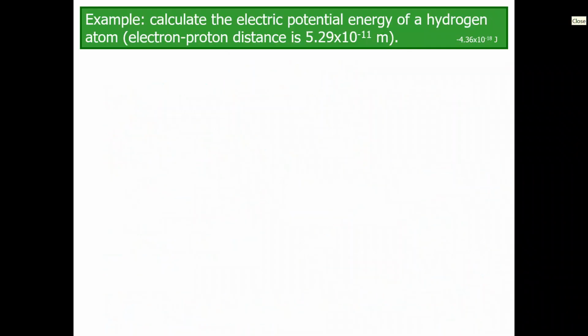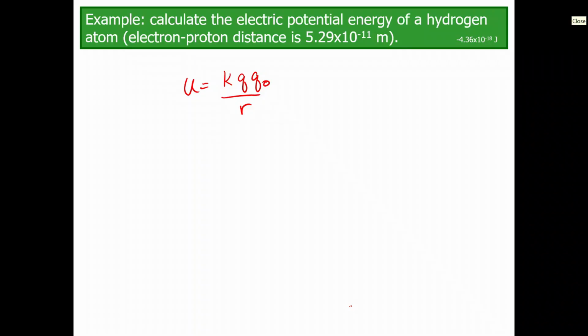So for example, we want to calculate the electric potential energy of a hydrogen atom. We've already looked at a hydrogen atom a little bit. So we're going to use the fact that our U is going to be kQQ0 over R. It does not matter which is Q or Q0 in this case.